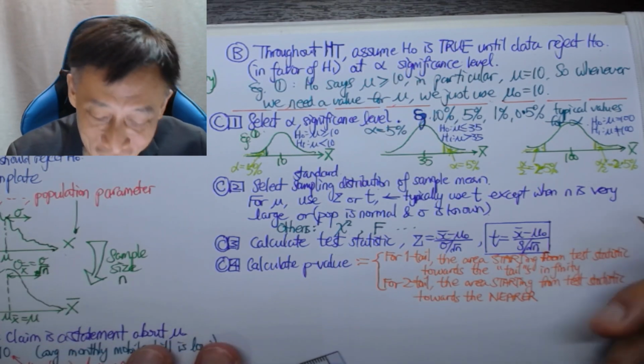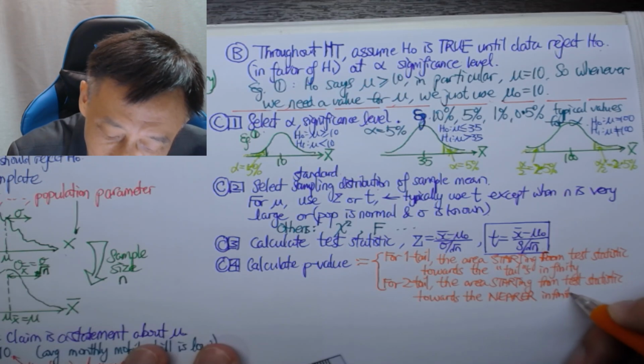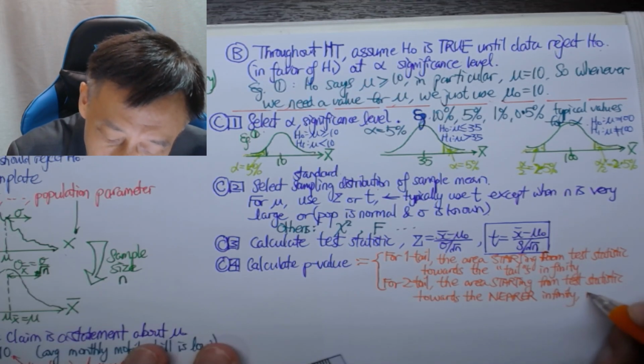The plus infinity and negative infinity. So the nearer infinity, and then multiply by 2.